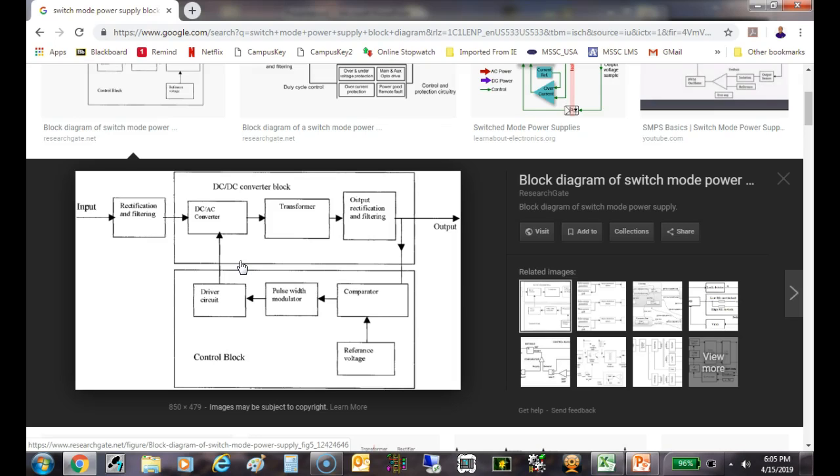Then it goes through the rectifier and filter, and then they feed back to determine the speed of the oscillator. So whether you understand this or not, switch mode power supplies are a lot more efficient and a lot smaller, because the filters can be a lot smaller since they don't have to maintain the load. The problem is you can't fix them.